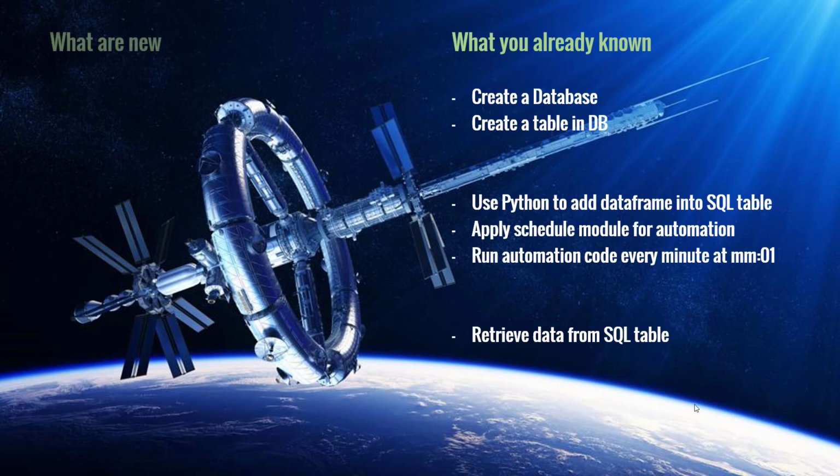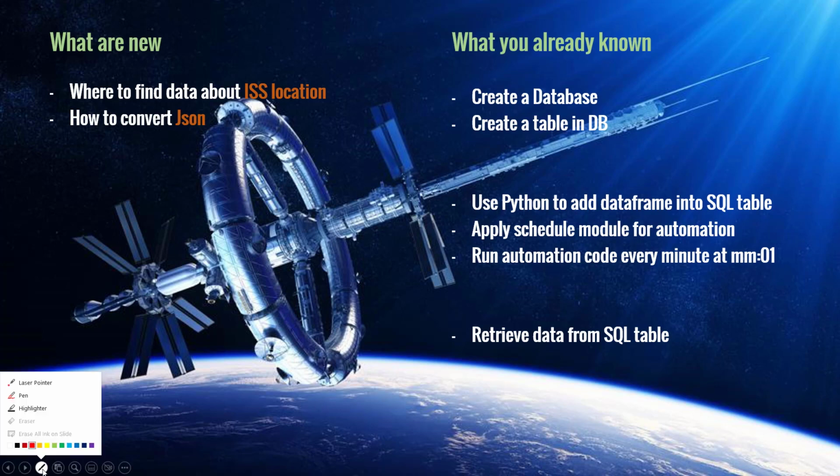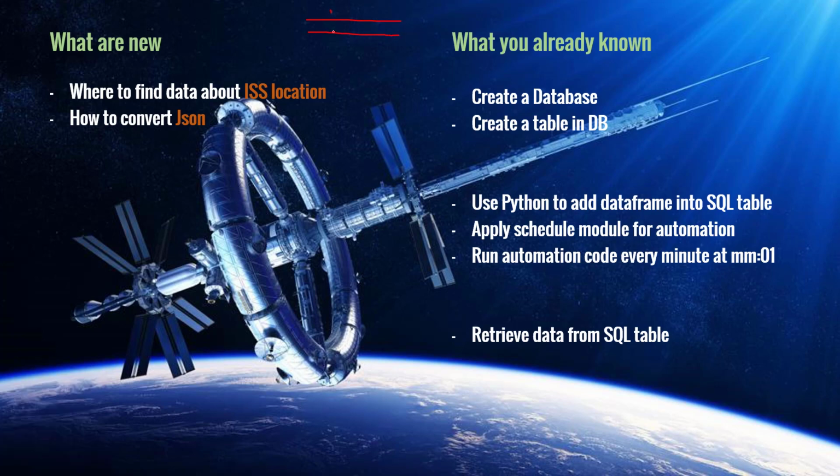Okay. Now what we don't know for this project: first of all, you don't know where to find the ISS location, I assume. And then you will soon see that the ISS location information is not saved in the row and column format.